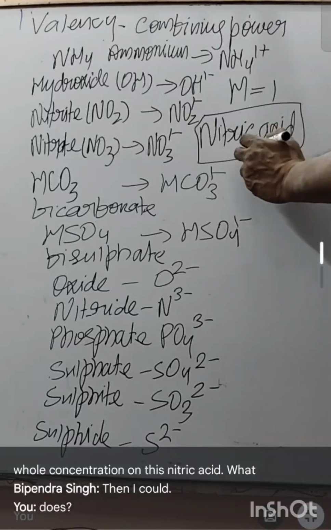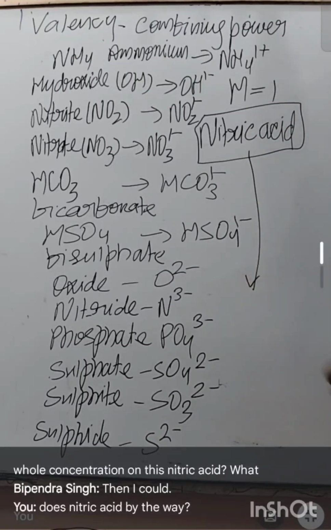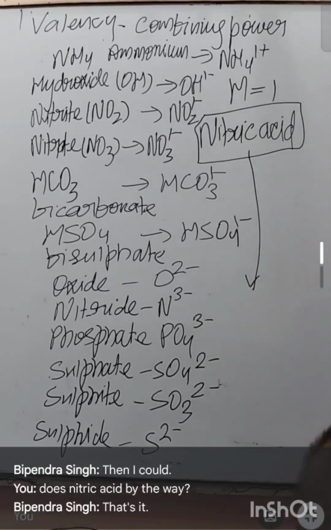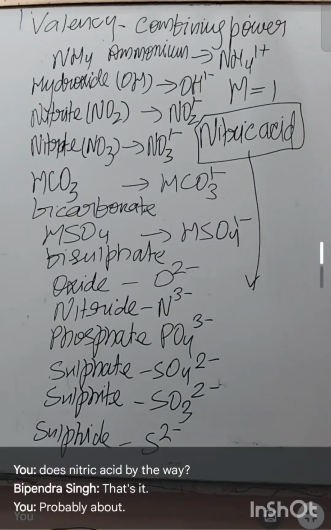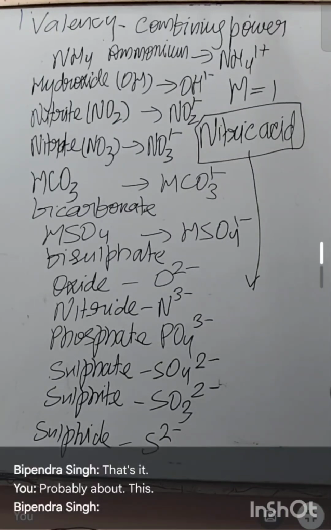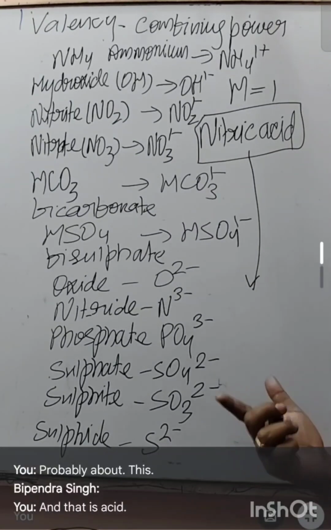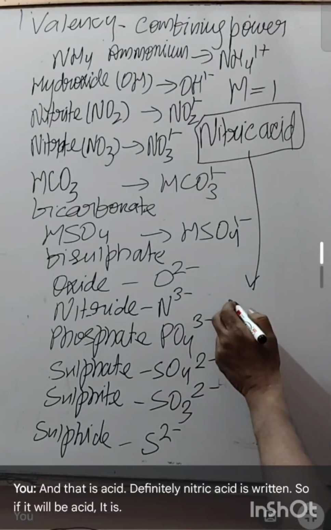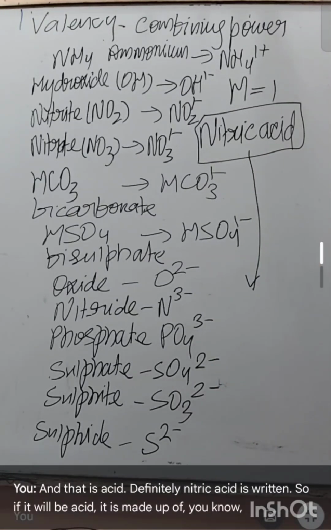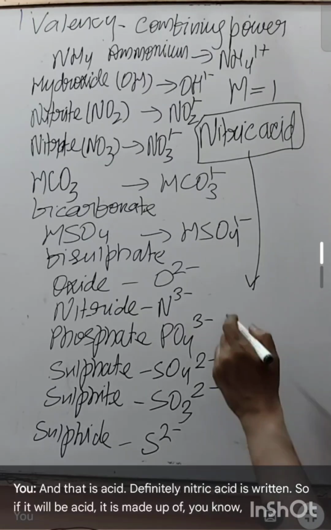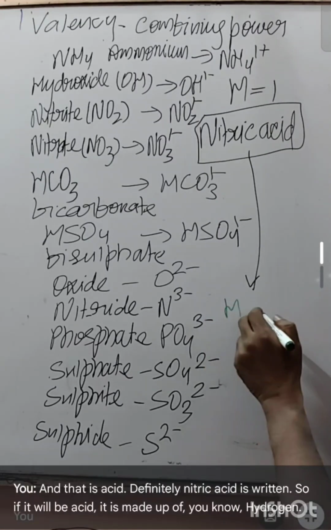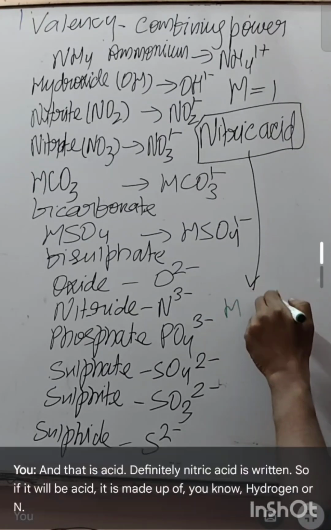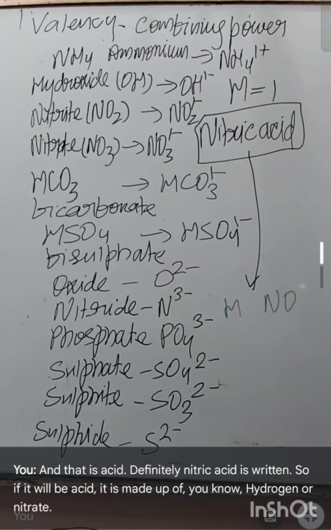What is nitric acid, by the way? Sir, वो acid है. That is acid. Definitely nitric acid is written, so it will be acid. It is made up of hydrogen and nitrate.